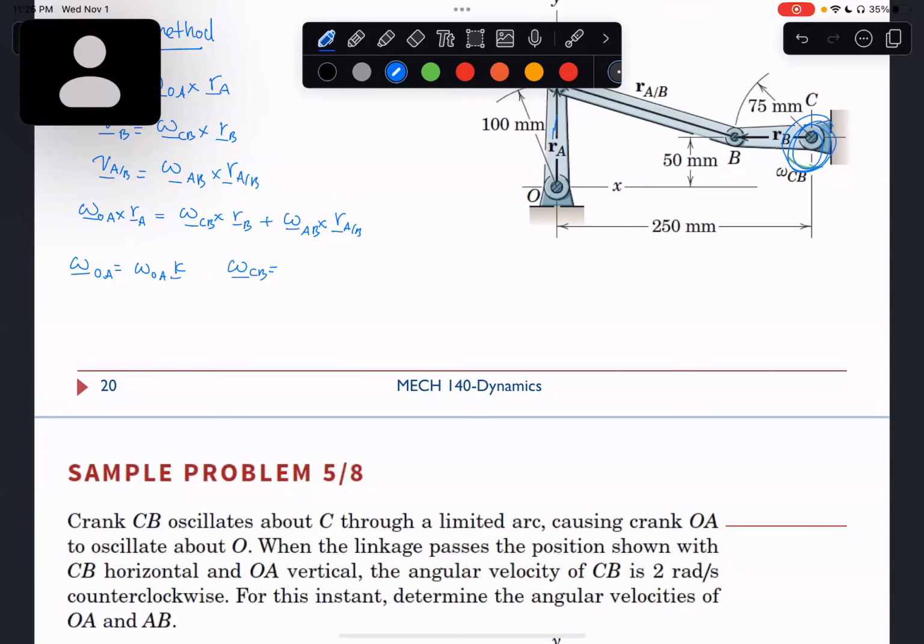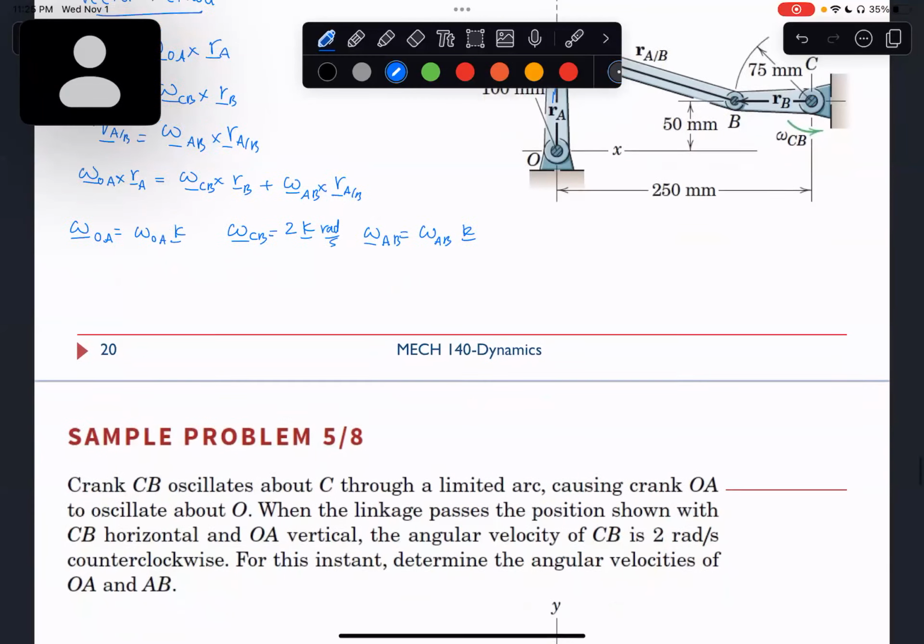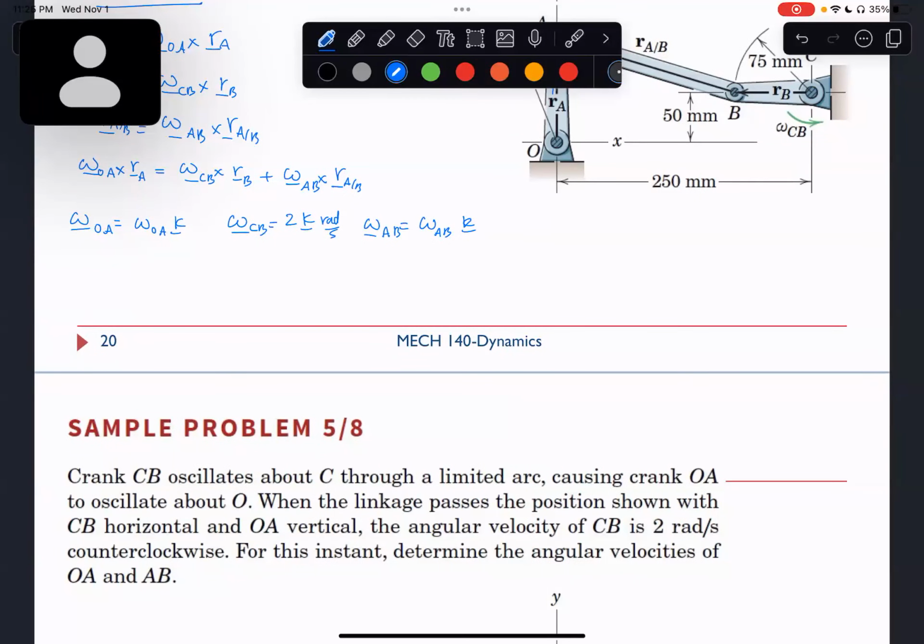I know that this angular velocity is also along K, and I know its magnitude. I also don't know omega AB, but I know it's along K.